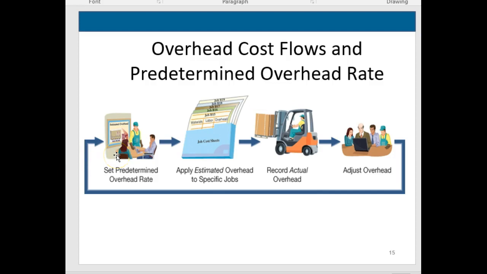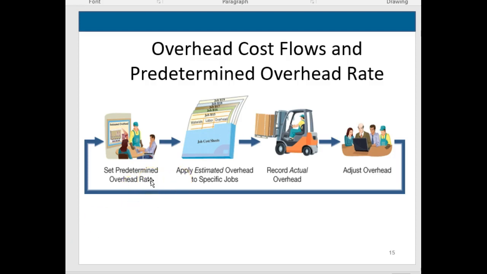So you're going to determine the overhead rate, you're going to apply it to the specific job, and then after the job's complete and you know what the actual overhead is, you're going to record that and then compare that to the estimated overhead that you applied in this step.